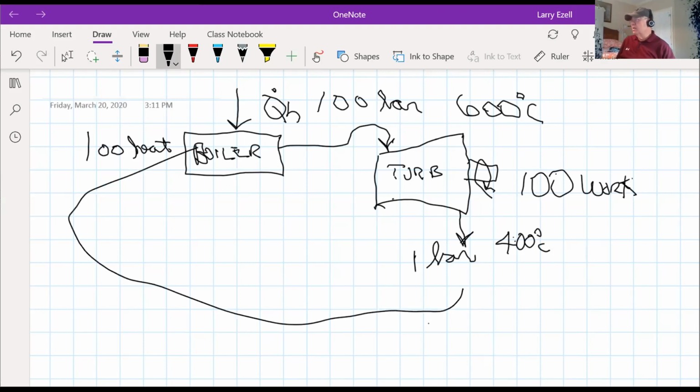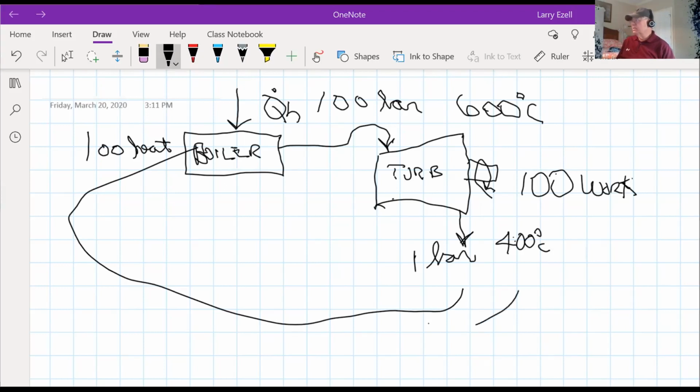Actually, what would be a good number? Now remember, heat and work can have the same units. We generally think of work in kilowatts, but we also think of heat in kilowatts. So it's energy. You're putting in 100 units of energy in the form of heat. How much can you get out in the form of work?